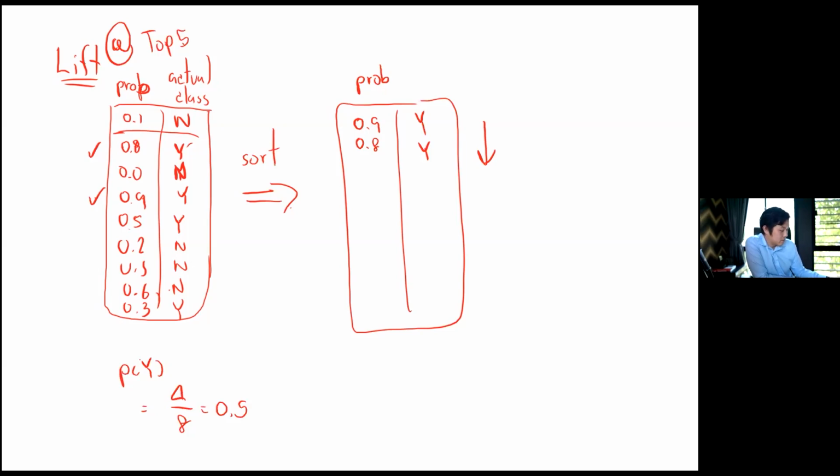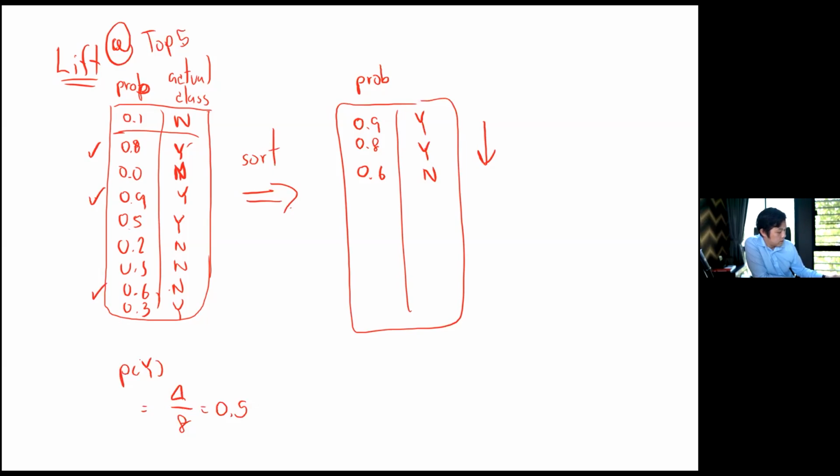Well, seeing you calculate it here would make me more satisfied. Then 0.6, no. 0.5, we have two 0.5s. Which one should we get first?